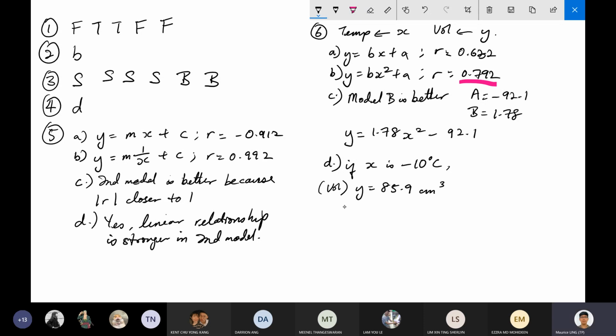Okay, so the answer is it is not reliable, because the absolute R is less than 0.9. Look at here, it's 0.792. Where do you see it's more than 0.9? I read it wrongly, sorry.